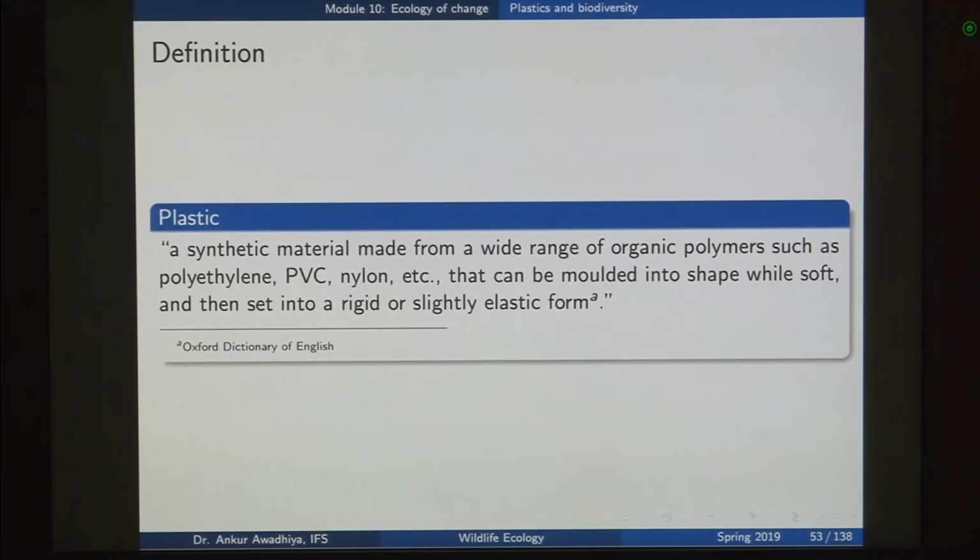So, we begin with the definition of plastics. Plastic is a synthetic material made from a wide range of organic polymers such as polyethylene, polyvinyl chloride, nylon, etc., that can be molded into shape when soft and then set into a rigid or slightly elastic form. We know plastics because plastics surround us.